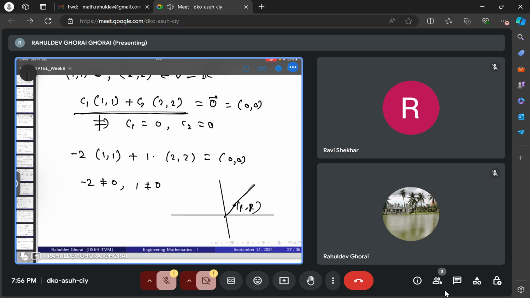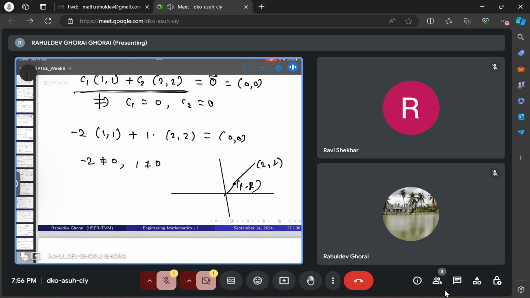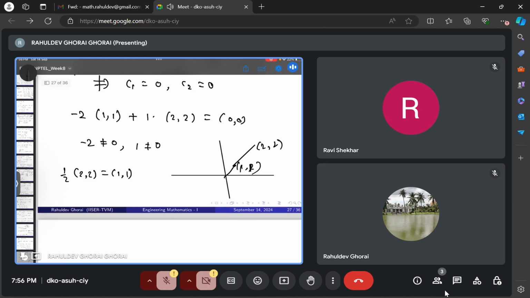Or the other way, (1,1) is linearly dependent on (2,2), because multiplying (2,2) by half gives (1,1). So they are linearly dependent.